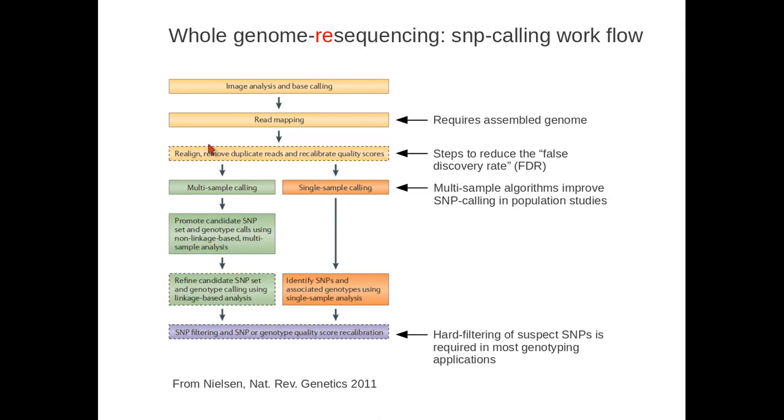We frequently will remove duplicates. So this might not seem intuitively obvious initially, but as part of the library preparation step for preparing the DNA for the sequencer, we oftentimes will PCR amplify the libraries in order to get dense enough clusters on the flow cells.